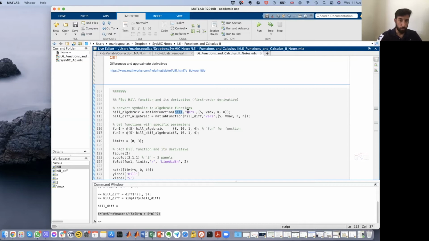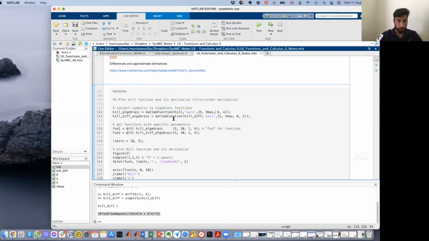And then we mention the variables. It's vars in inverted commas, and then a comma, and then the variables that we are going to use. In this case it is S, Vmax, K, and N, which are the parameters that we've been using in the Hill equation.